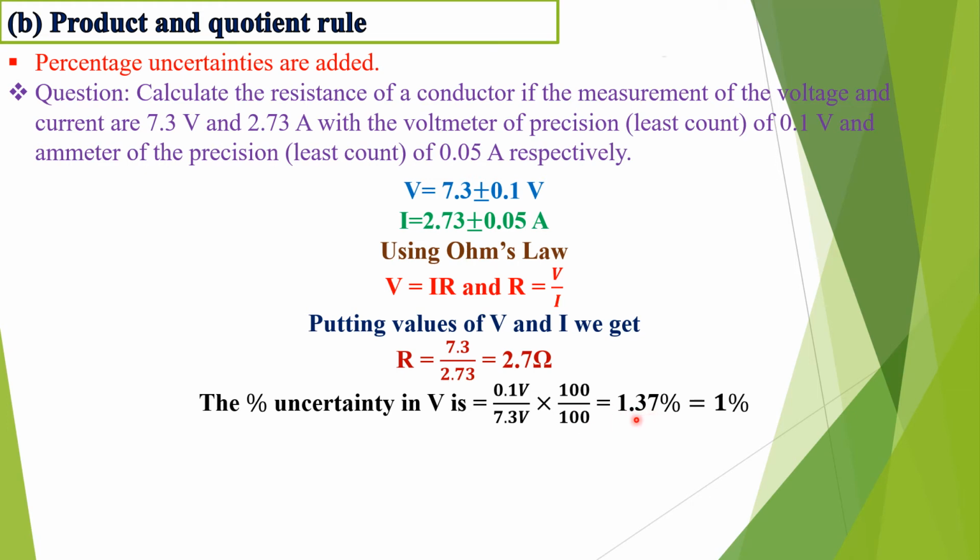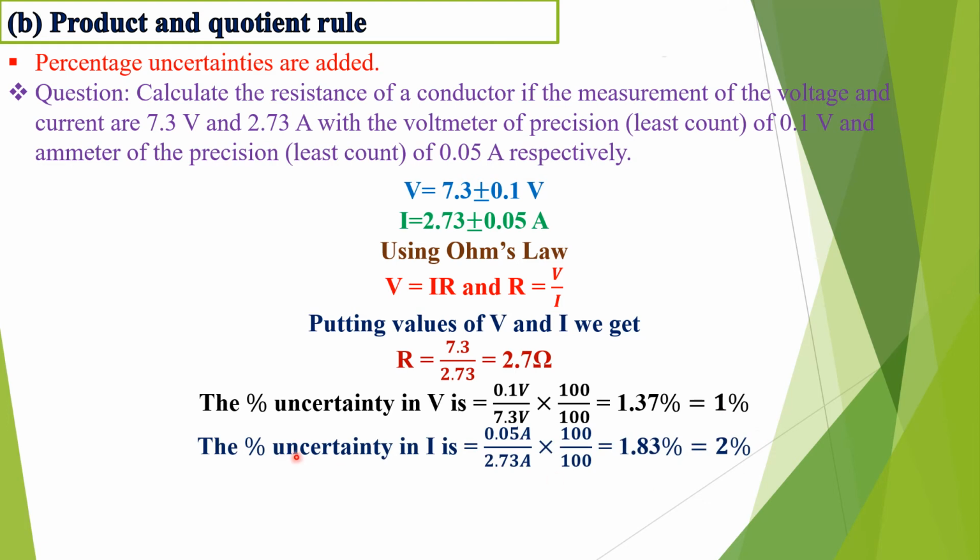Here 0.1 is the least count, 7.3 is the measured value, and when it is multiplied by 100%, we get the total percentage uncertainty in V, that is 1.37%. Rounding off 1.37%, we get 1%. The percentage uncertainty in I is equal to 0.05 ampere divided by 2.73 ampere multiplied by 100%.